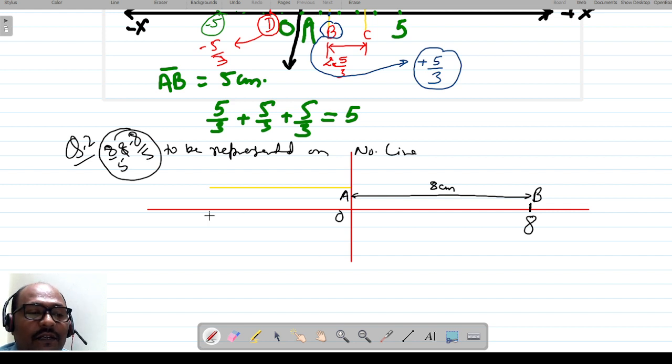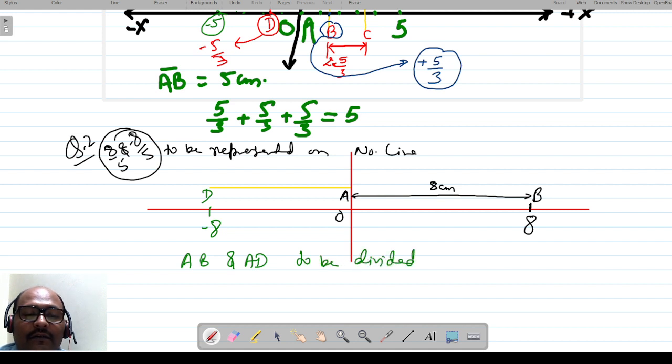So this will be equal to minus 8. So we have to divide 8 into 5 equal parts. The line segment A to B, and similarly the line segment A to D, to be divided in 5 equal parts.